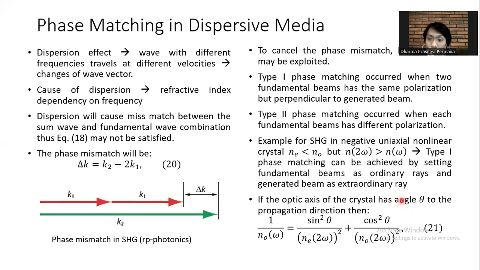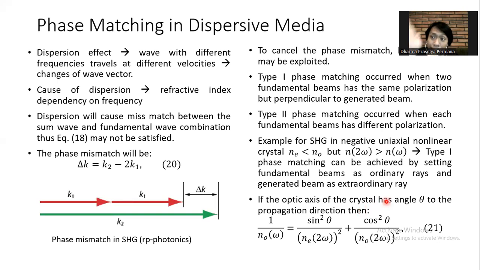And this equation relates to the case where the optic axis, the ordinary or extraordinary axis, is not directly aligned with one of the Cartesian coordinates, but has an angle of deviation theta.